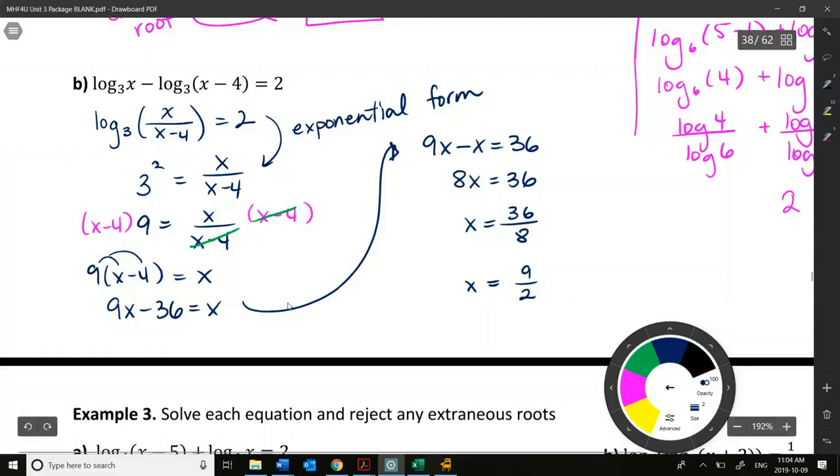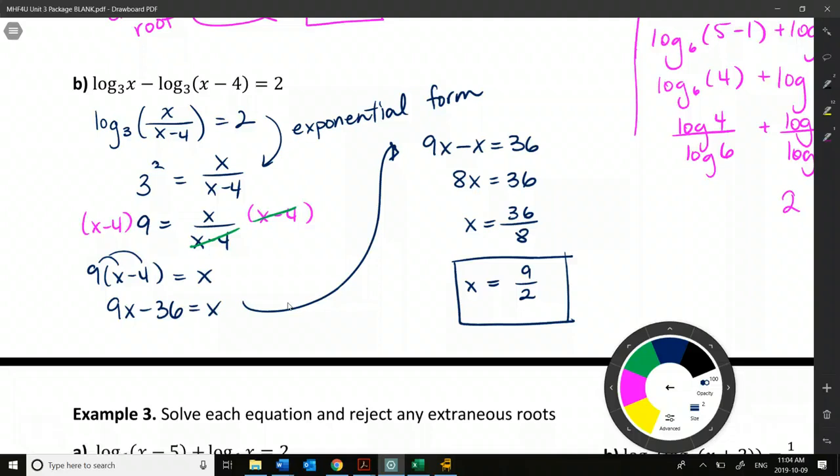Okay, any questions on anything I did here? So we only have one x instead of 2. Yep, so that can happen sometimes. 9 over 2, this is equal to 4.5. Does this cause any extraneous roots to occur here? Like if I plug in 4.5 here, am I taking the log of 0 or a negative at all?